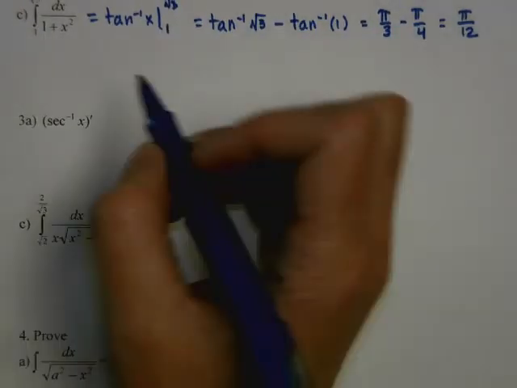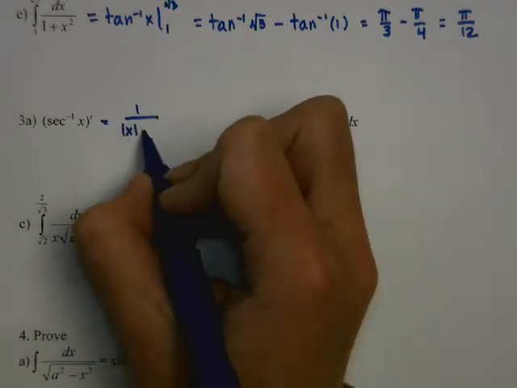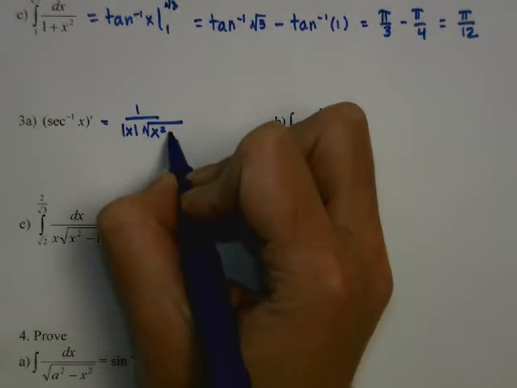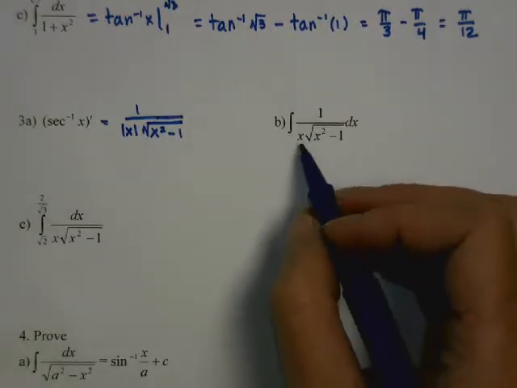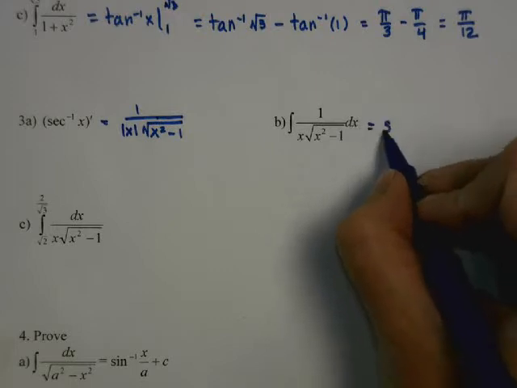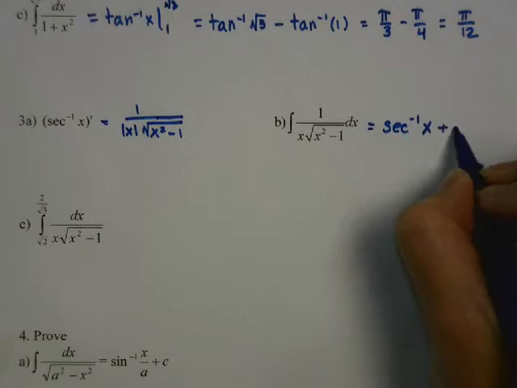The derivative of secant inverse was 1 over absolute value of x times the square root of x squared minus 1. So the integral of this, even though there's not the absolute value, we accept to be secant inverse of x.